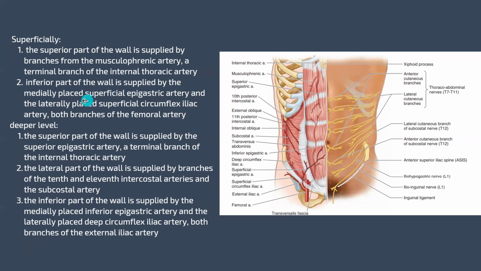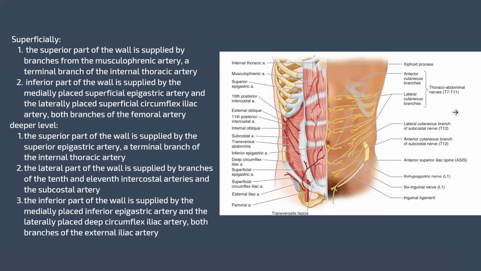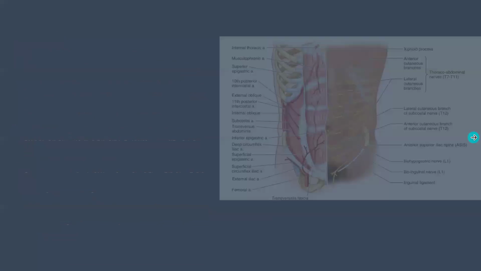Inferiorly, medially it is supplied by the superficial epigastric artery and laterally by the superficial circumflex iliac artery, both from the femoral artery. In the deeper part, the superior is supplied by the superior epigastric, the lateral by the 10th, 11th, and 12th posterior intercostal, and the inferior by the inferior epigastric and deep circumflex iliac. This one is easier. I need you to focus on it and compare it with this figure.